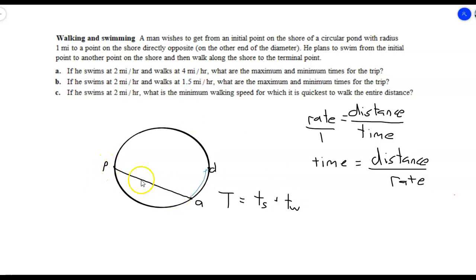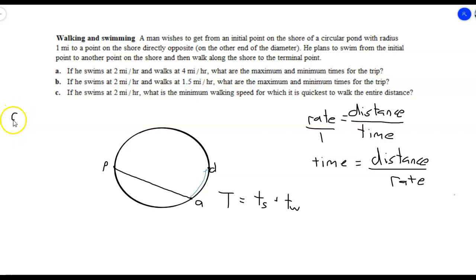So for the distance, I found two formulas for the length of the chord. And a chord is from one point of a circle to another point of the circle.